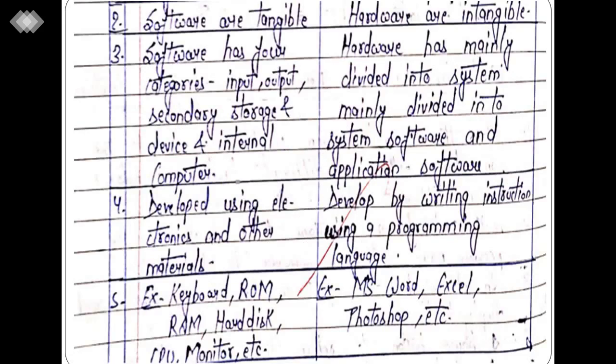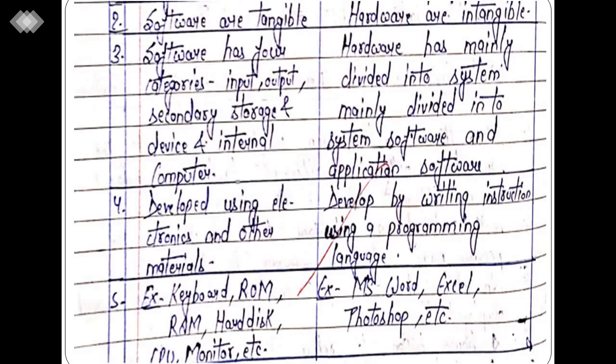Next, software is intangible but hardware is tangible. Hardware has four categories: input, output, secondary storage device, and internal computer, whereas software is mainly divided into system software and application software.